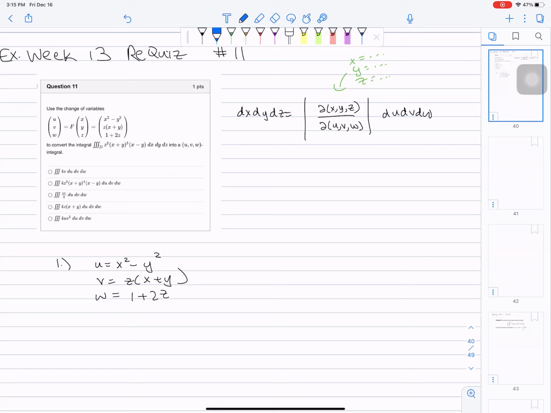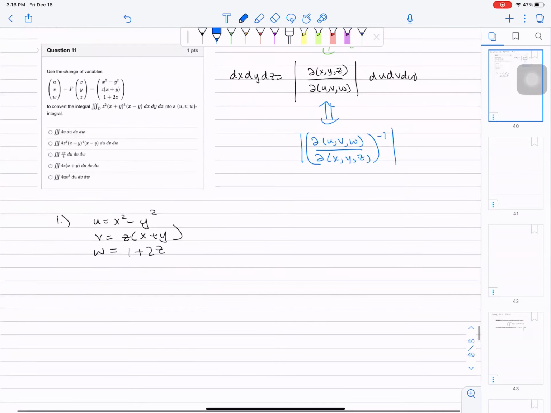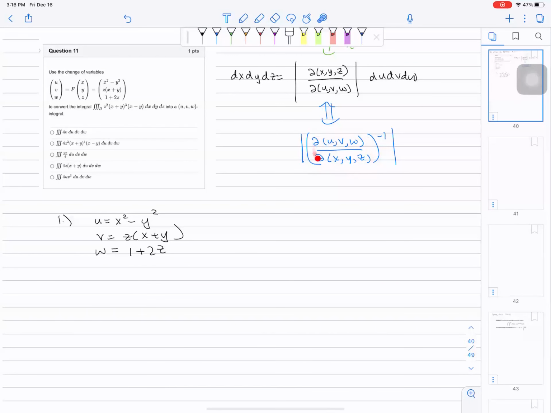But what do we know? We know that this Jacobian is equivalent to doing, if I wanted to do u, v, w on the top, then I can take the inverse. So let's find this Jacobian, take the determinant, and then do the inverse. Then my results will equal exactly what I wanted.